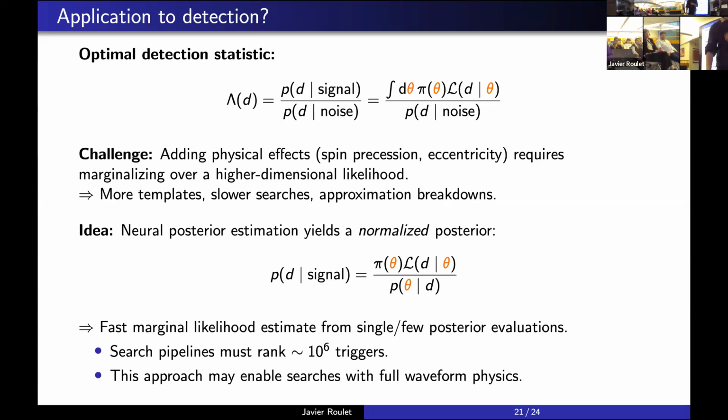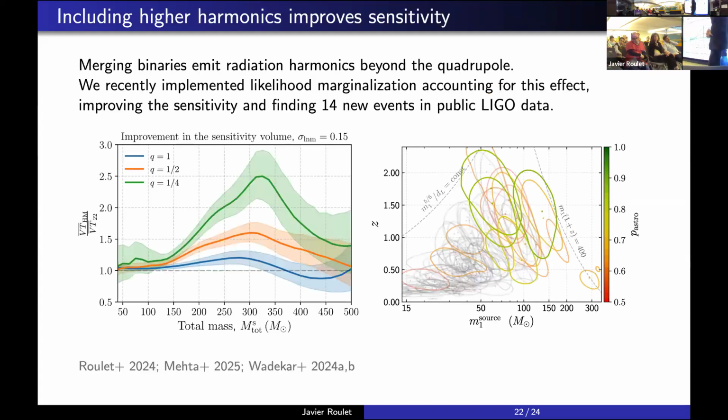So I want to conclude with one example where we recently were able to include some of these extra effects. I mentioned in passing in the past that gravitational waves mainly emit from the quadrupole mass moment of the source, but it has higher moments, and those are like extra harmonics of the signal. We were recently able to implement this likelihood marginalization, accounting for these higher modes. This results in an improved sensitivity.